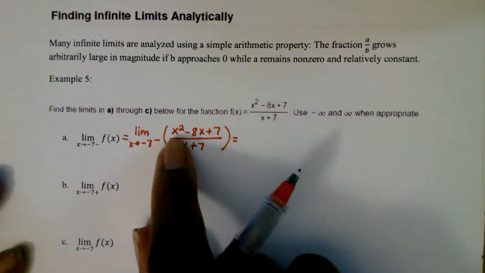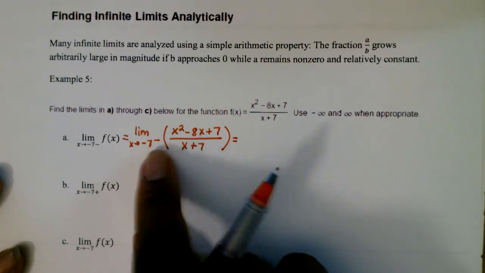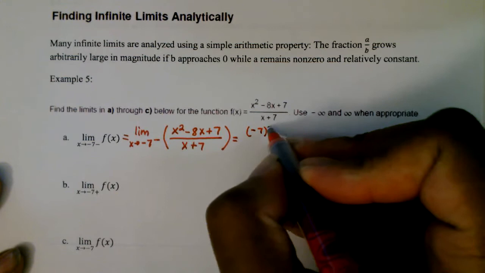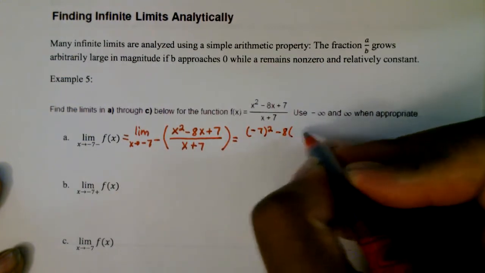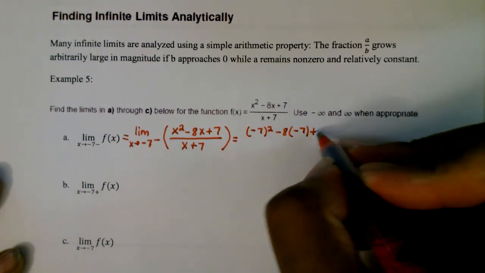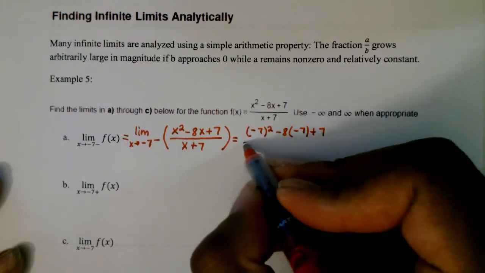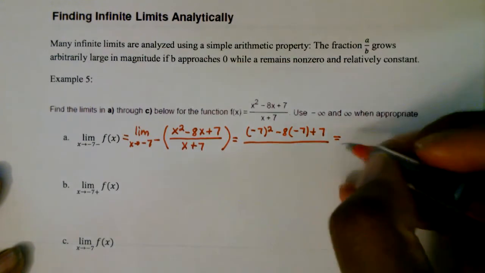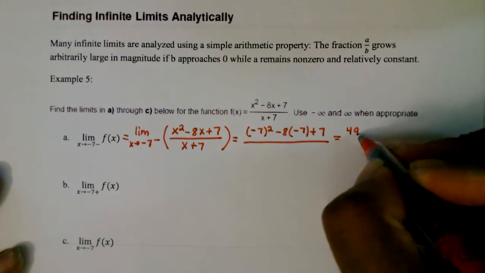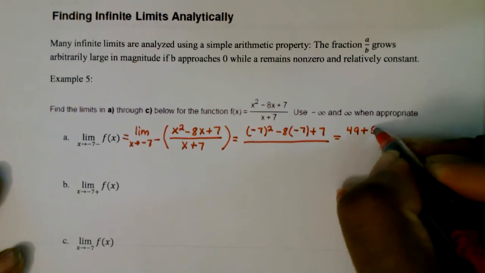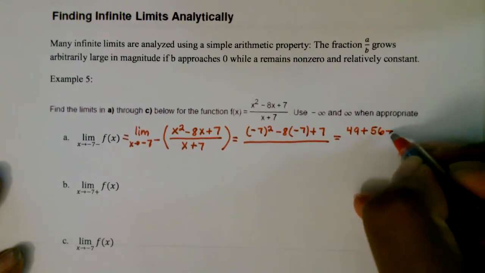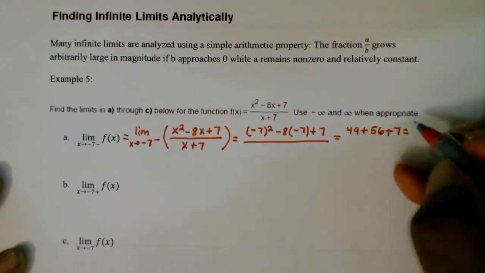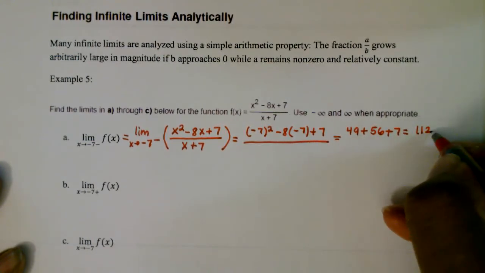For the numerator, if I replace the x with negative 7, I have negative 7 squared, minus 8 times negative 7, plus 7. Squaring negative 7 gives 49, minus 8 times negative 7 gives plus 56, and then plus 7. If I add 49, 56, and 7 together, I get 112.